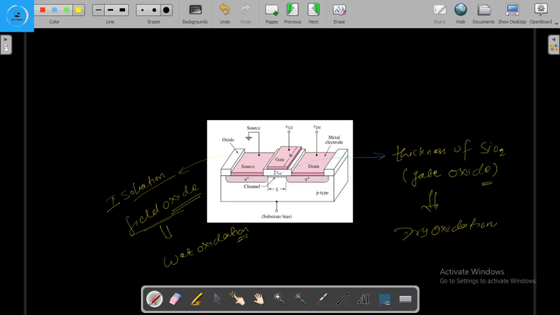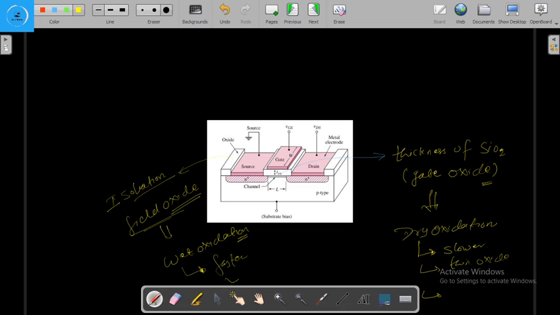Here we can say that dry oxidation is slower, and it provides a thin oxide, and its electrical property is better than the field oxide. And the SiO2 formed by wet oxidation is faster.